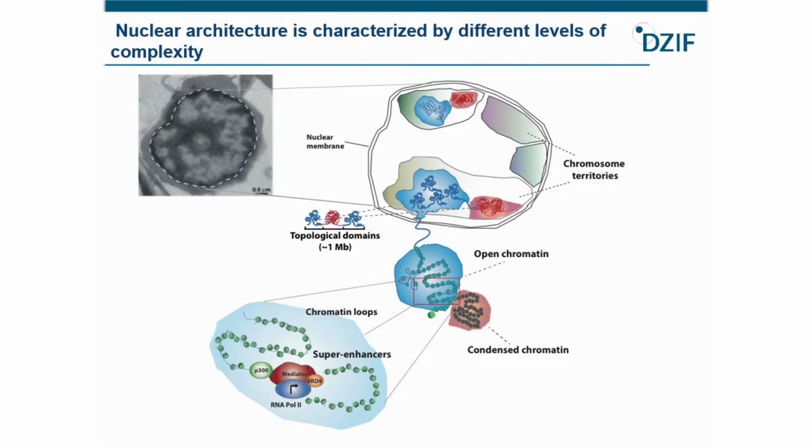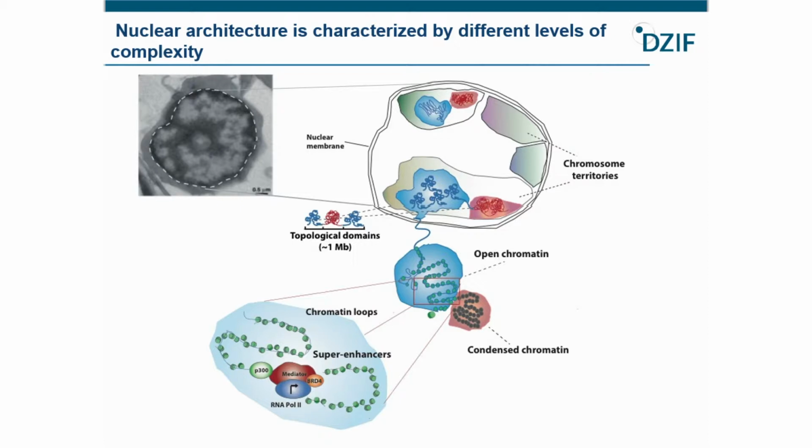We now know that there are so-called topological domains in which genes interact with each other, and these domains then form compartments, which can be blue or red: open chromatin, active compartments, or repressed compartments, here in red.